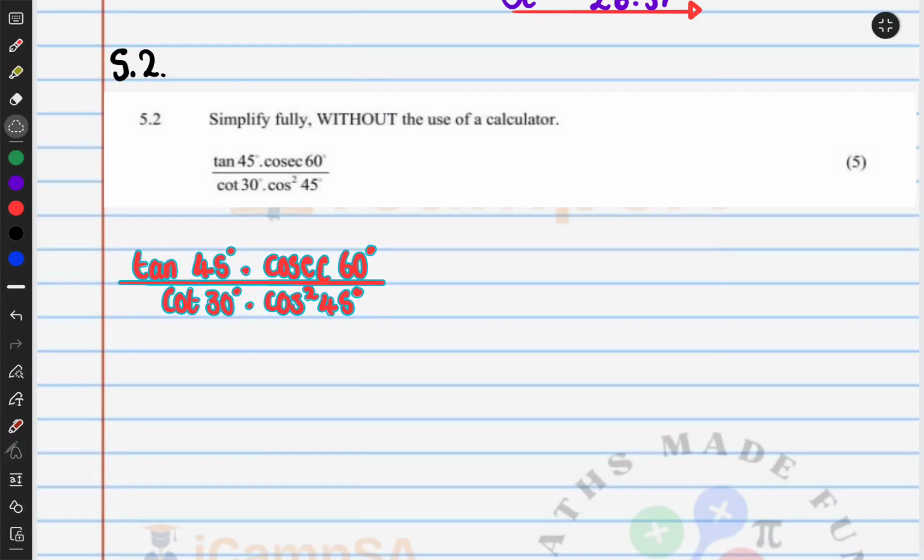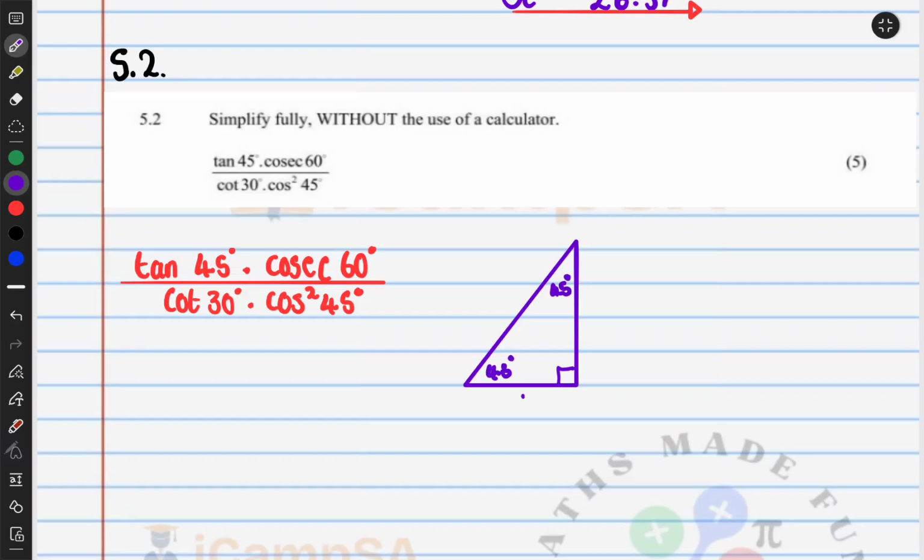Hopefully you have at this point memorized the special angles, but if you haven't, we quickly draw the triangles for the special angles. The first one is a right angle triangle with 45 degrees, and then 1 unit. We solve for the other side, which will give us root 2.